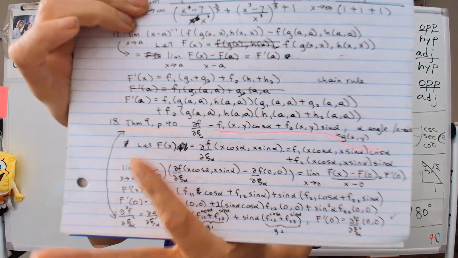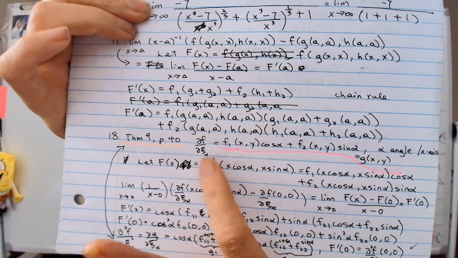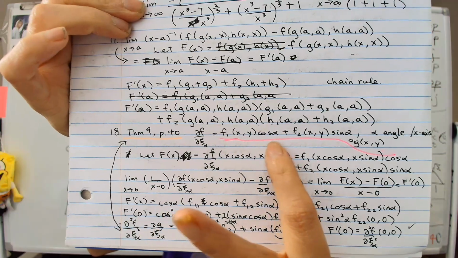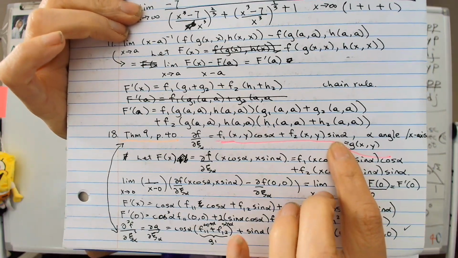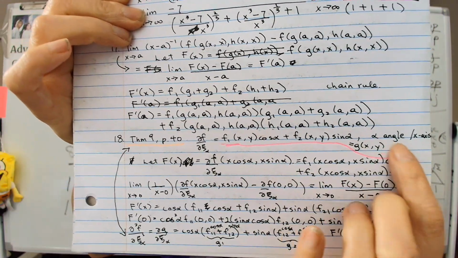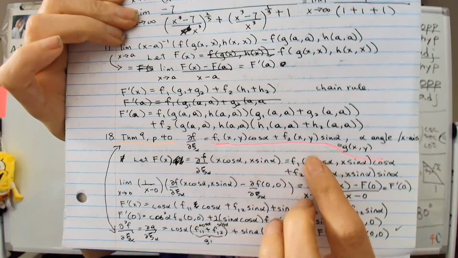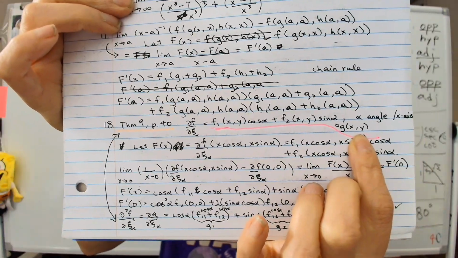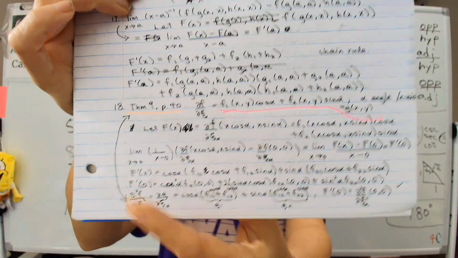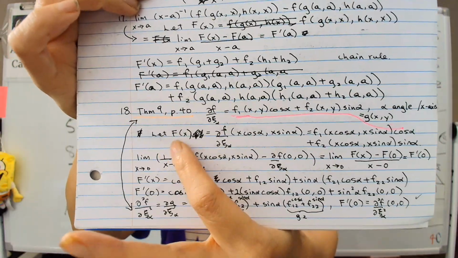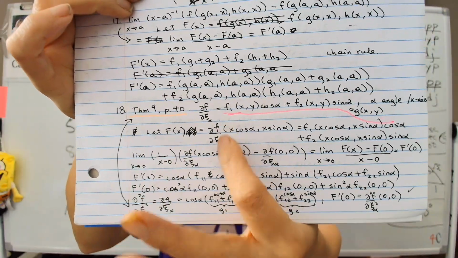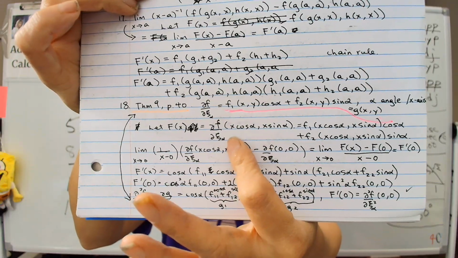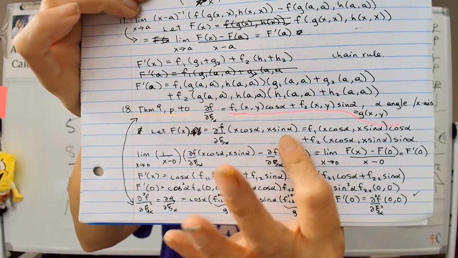So by theorem 9, page 40, the partial f partial psi is equal to this thing right here that I just copied down, where alpha is some constant angle. And I'll also call this thing g(x, y) for convenience. So let's define big F of x as partial f partial psi of (x cosine alpha, x sine alpha).